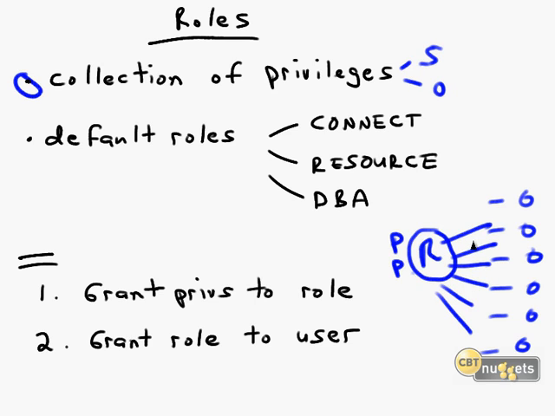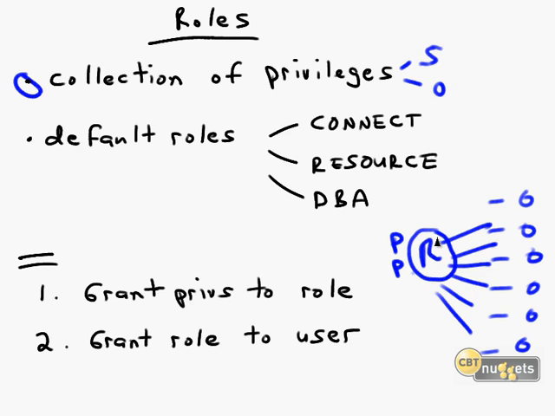Now, at first blush, you might think, well, wait a minute now. How is that saving me time? I'm still granting the role to each user. What's the difference? Well, things can get complex because you're not granting, in most cases, just a single privilege. You may have a basket load of privileges.